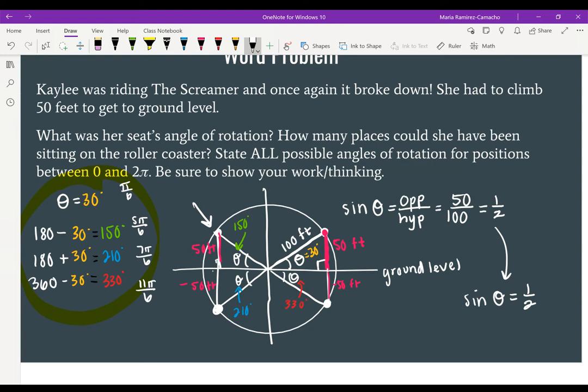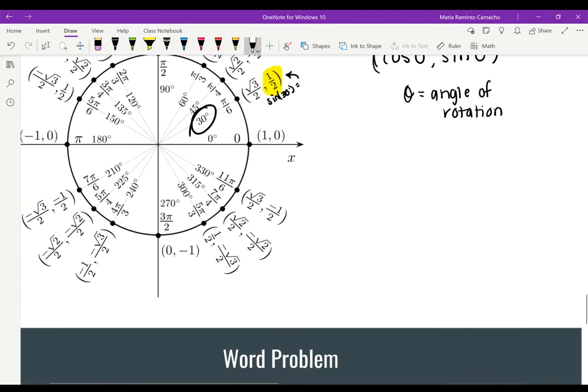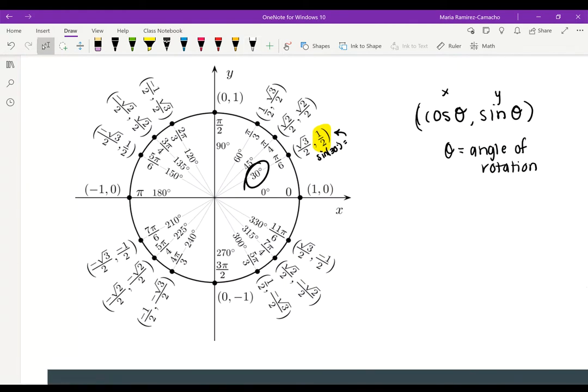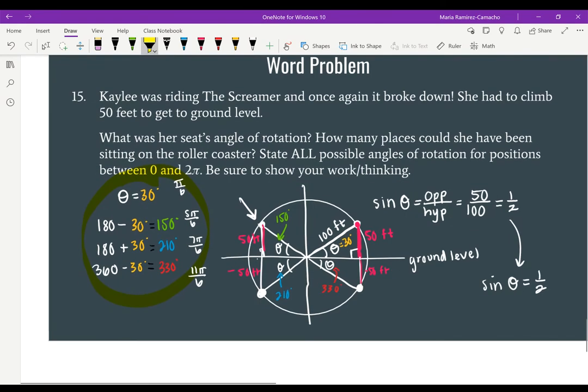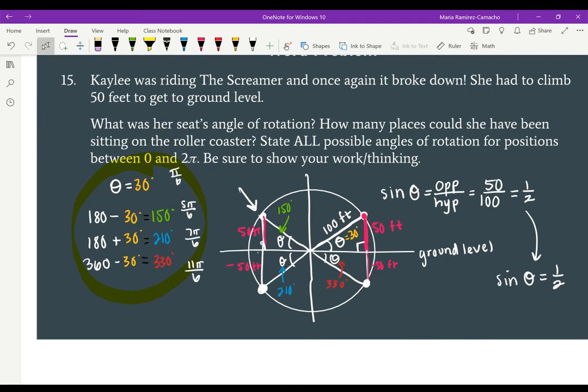And looking at the unit circle, notice that the y-coordinates at those points are all a half. Below the x-axis, those are negative, but here we're just generally looking for where she could have gotten stuck. And that's it. That's it for number 15. Those 4 angles that we identified are our answers here.